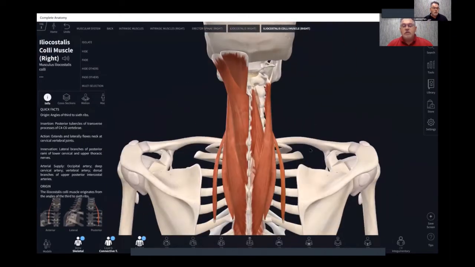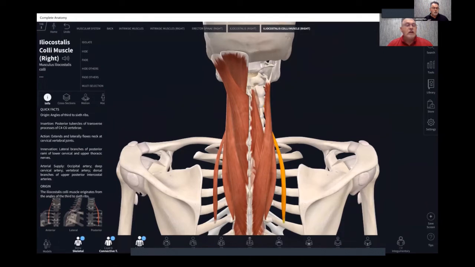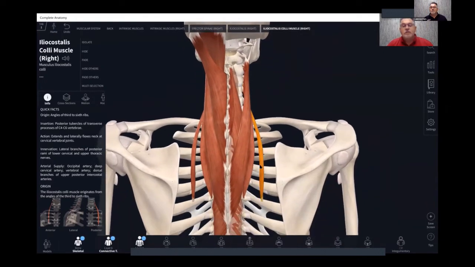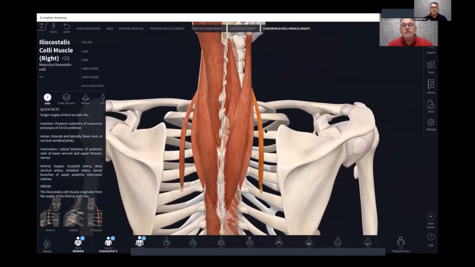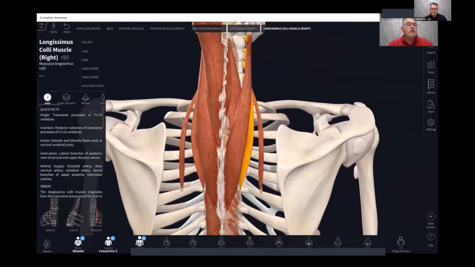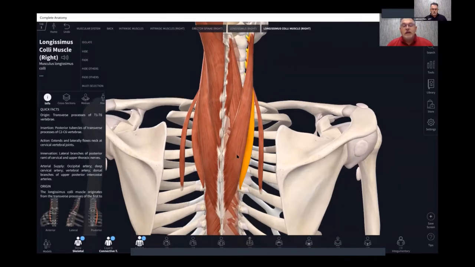So you see there, for iliocostalis, origin is off the angle of the 3rd to the 6th rib. So its origin is down low on the rib cage, as well as longissimus. Longissimus, again, has its origin at the transverse processes of T1 through T6.